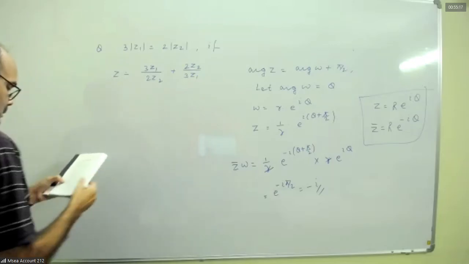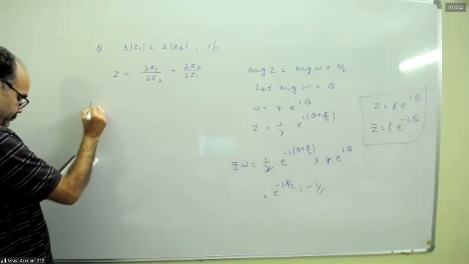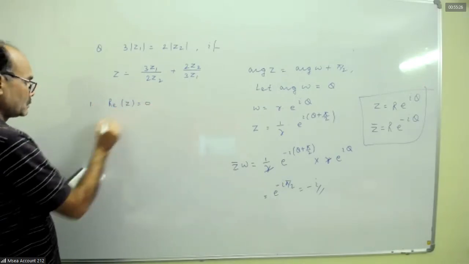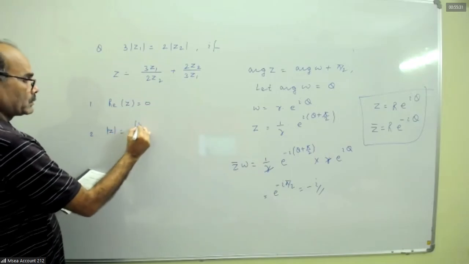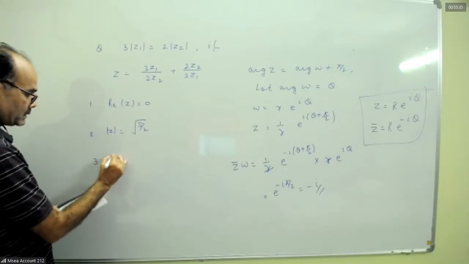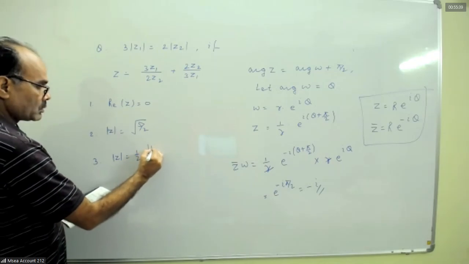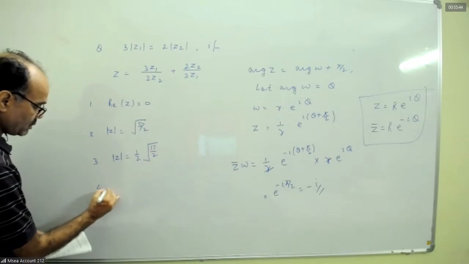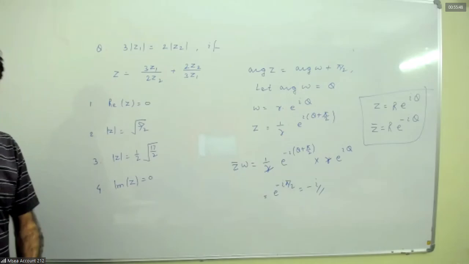If Z is this, then he has given 4 options. Real of Z is 0. Mod Z is root 5 by 2. Mod Z is 1 by 2. Root 17 by 2. Imaginary of Z is 0.